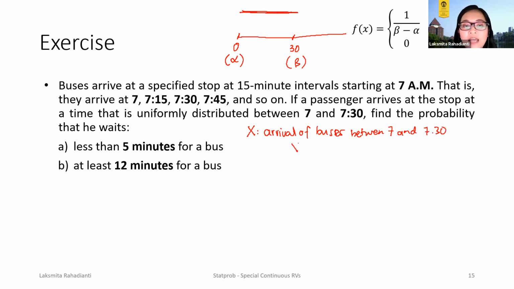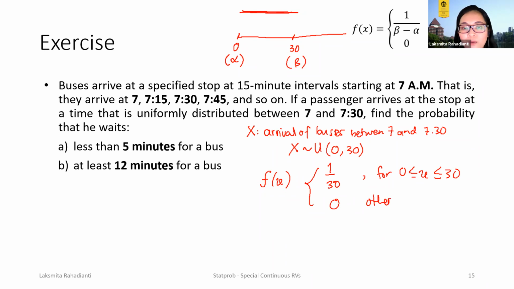I know that X is a uniform random variable valid between 0 and 30 minutes, and thus I can denote f(x) as 1 over 30 minus 0, which is 1/30, for 0 ≤ x ≤ 30 and 0 otherwise.